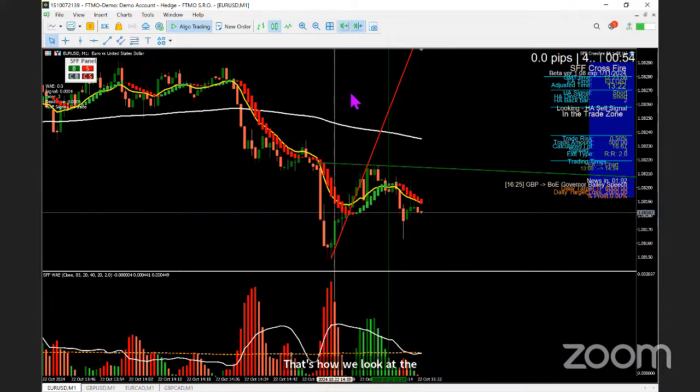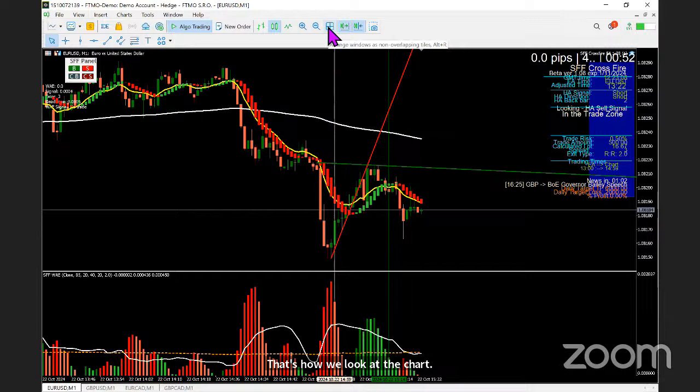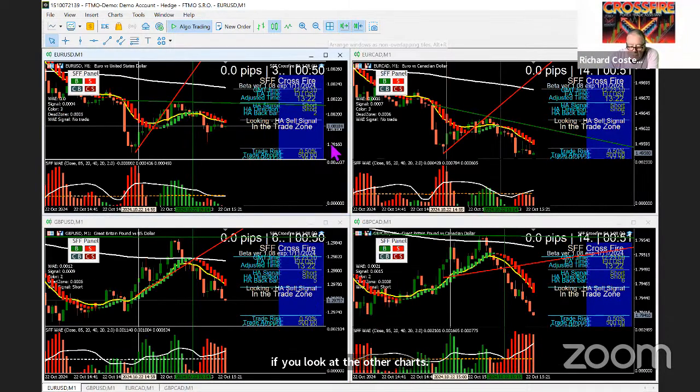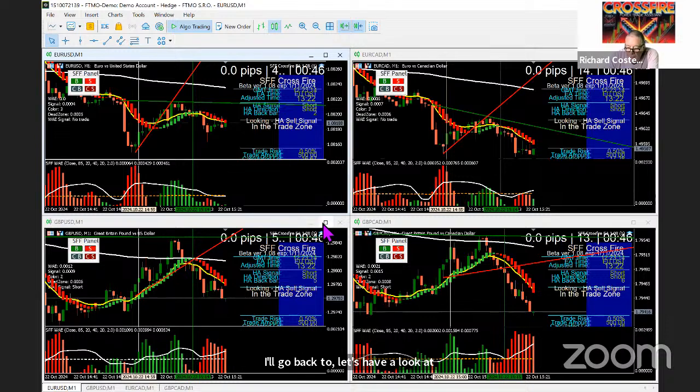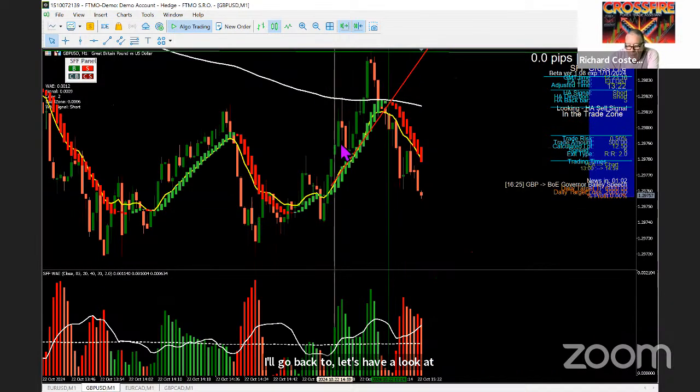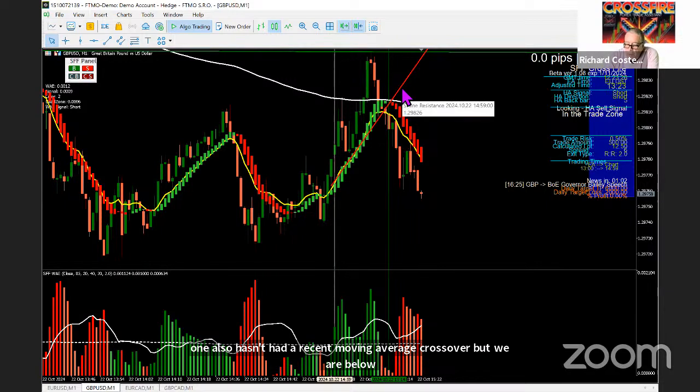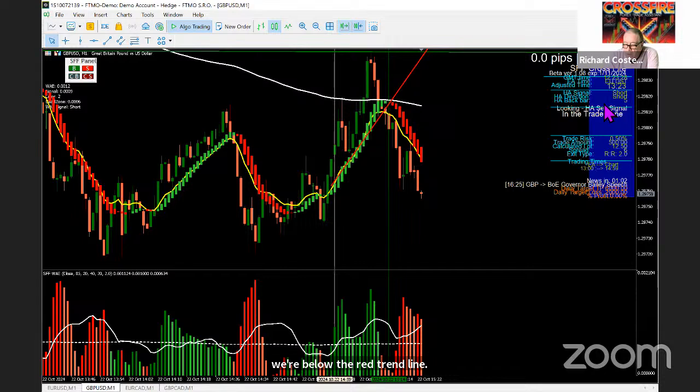If you look at the other charts, let's have a look at GBP USD. That one also hasn't had a recent moving average crossover, but we are below the red trend line. So we're looking here for a sell.